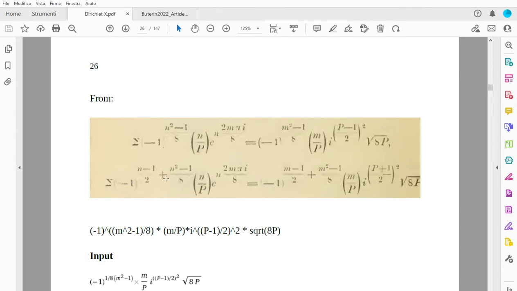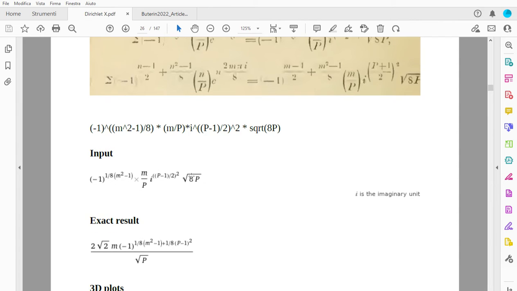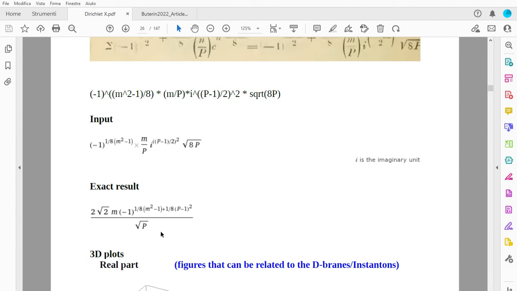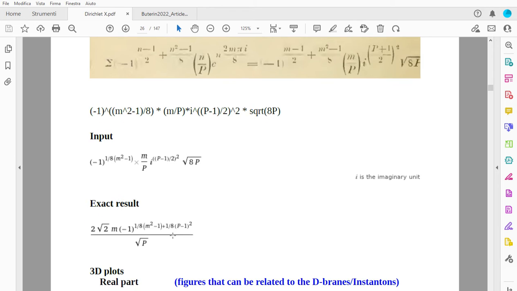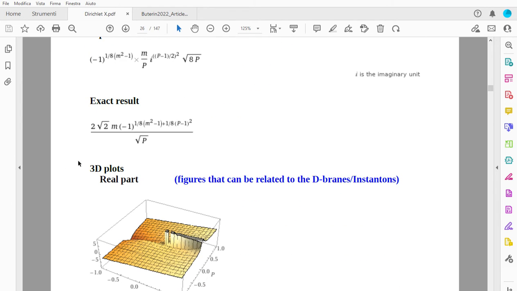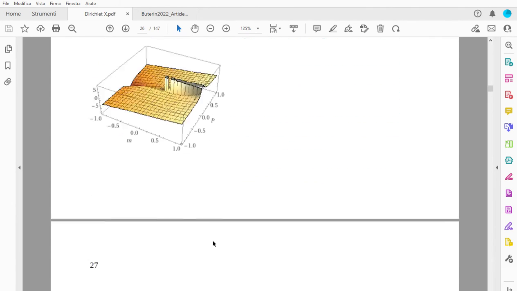Now we have this other expression. This is the input. This is the exact result of the first expression. Also here we have the three-dimensional plots, figures that can be related to the Brandt's instantons.